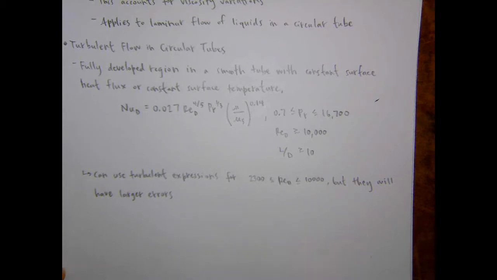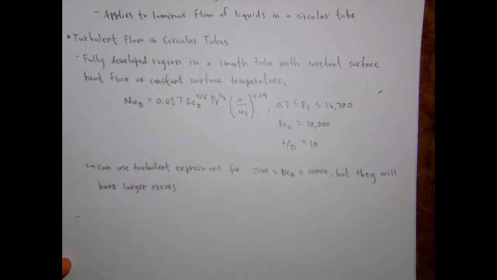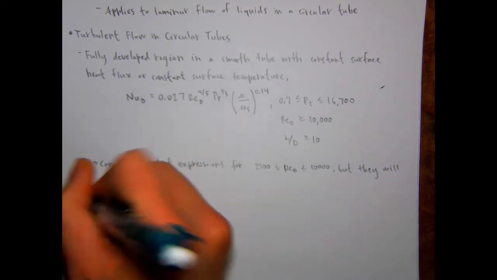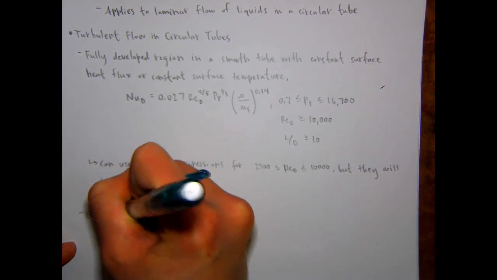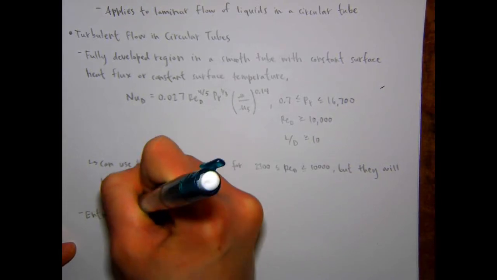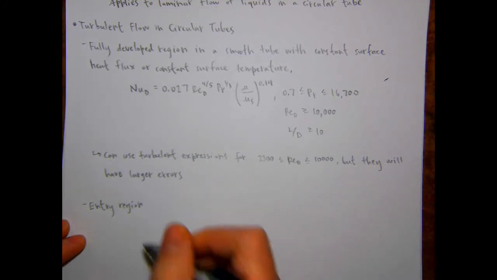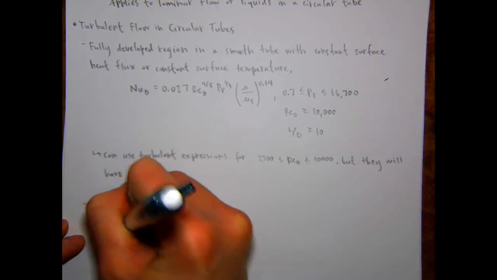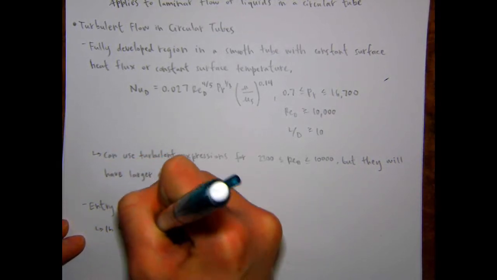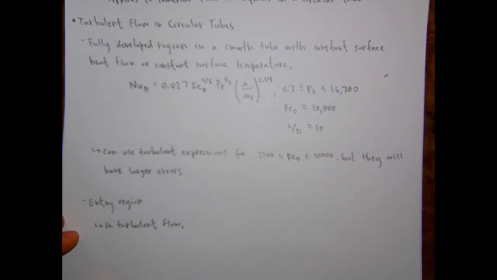Okay, the last situation is the entry region. The entry region in turbulent flow is actually pretty easy to handle. In turbulent flow, the entry region is typically pretty short, so we just ignore it. We'll just use the fully developed conditions for the entire tube.